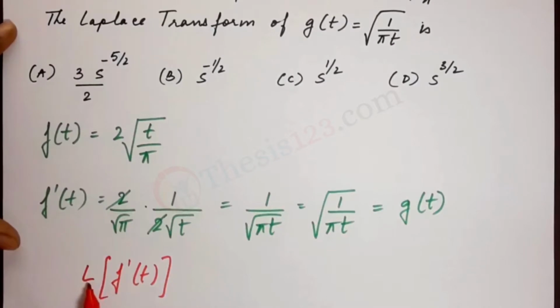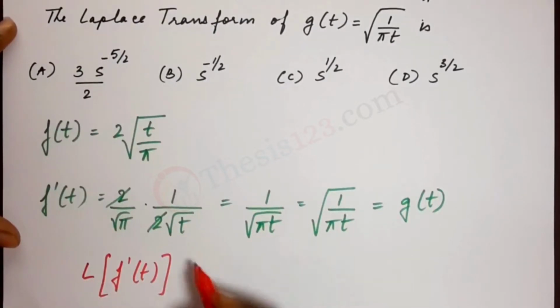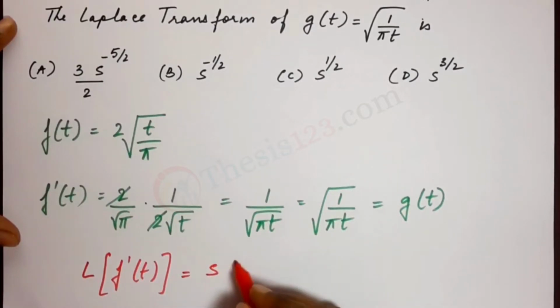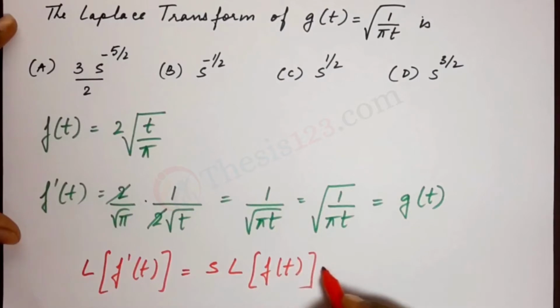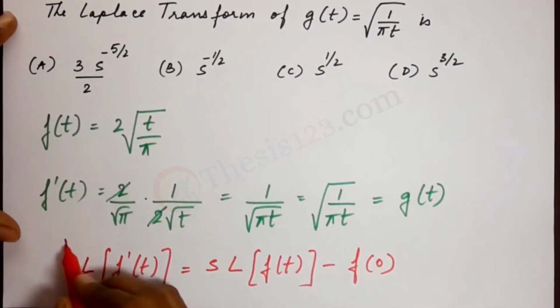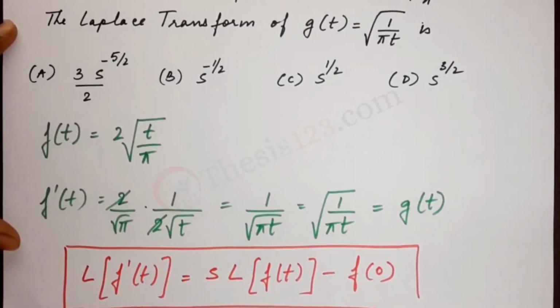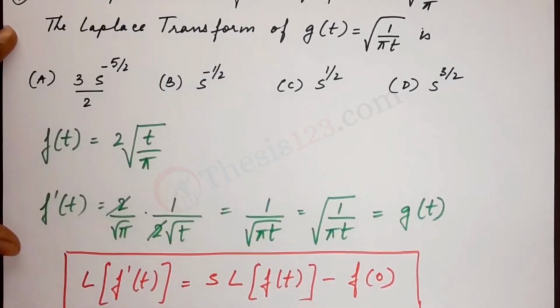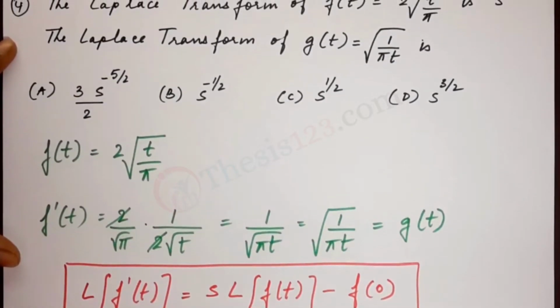So the formula is Laplace of f dash t equals s into Laplace of f of t minus f of 0. So this is our formula. Now let's see how we can substitute the values and work it out.